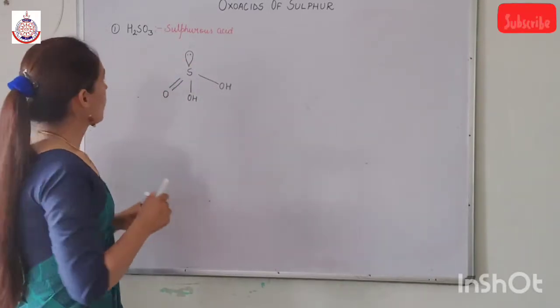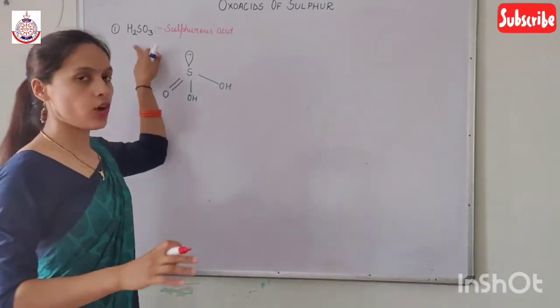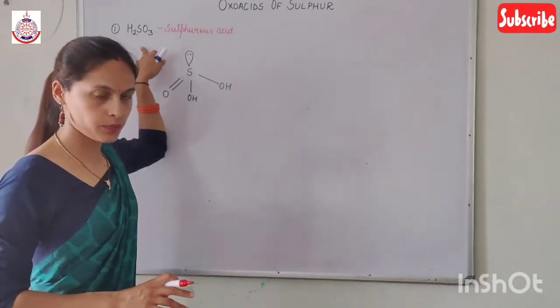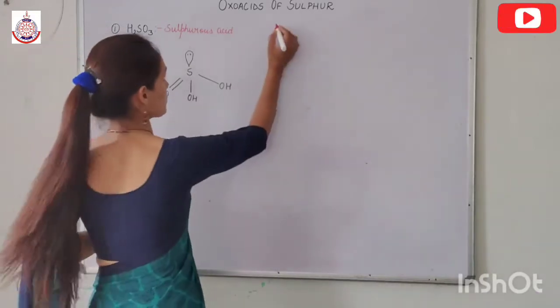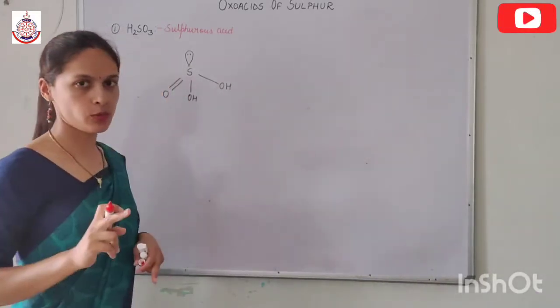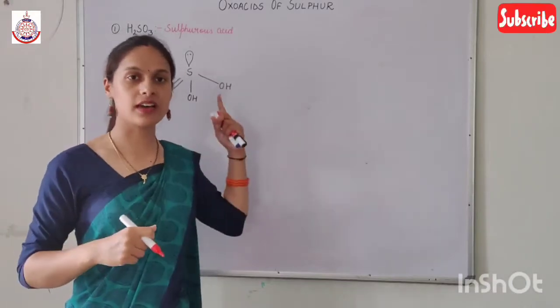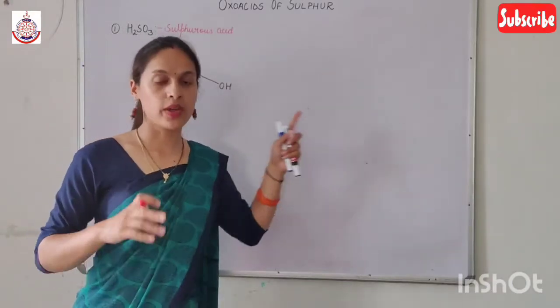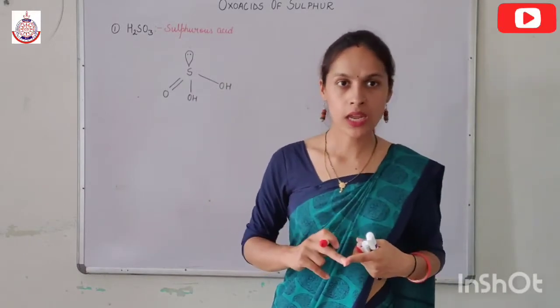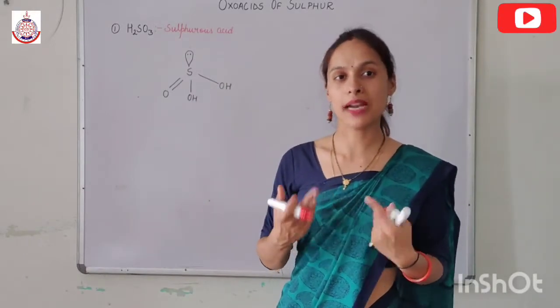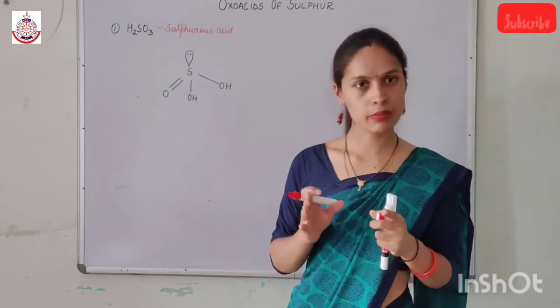Now, if I have to calculate the oxidation state of sulfur by the general method, the oxidation state of H is plus 1. Why plus 1? Because it is attached with a non-metal. When hydrogen is attached with a non-metal, its oxidation state is plus 1, and when hydrogen is attached with a metal, its oxidation state is minus 1.